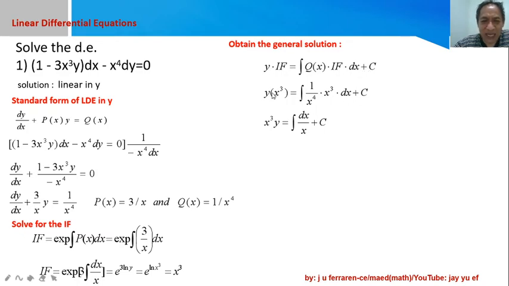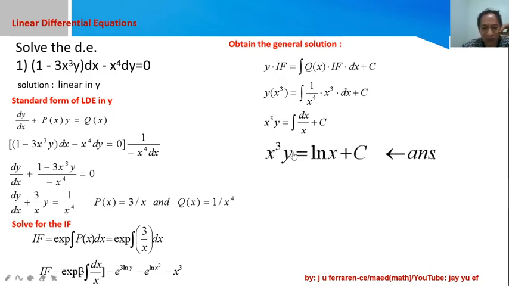So y times the IF equals the integral of 1 over x to the 4th power times x cubed dx. Before you integrate, do the simplification. This is dx over x, so if you integrate, this is ln x. So what is your general solution? That would be x cubed y equals ln x plus c, and this can now be your answer.